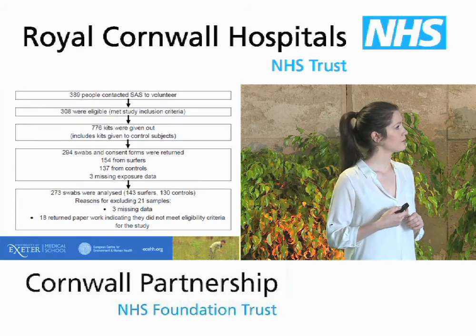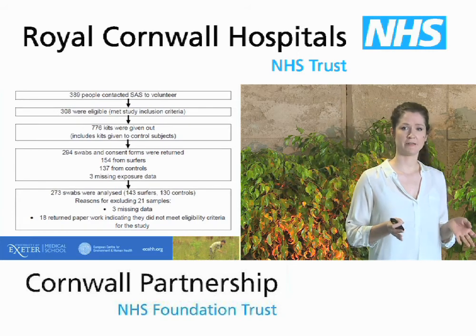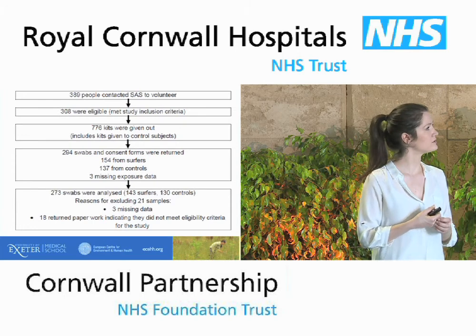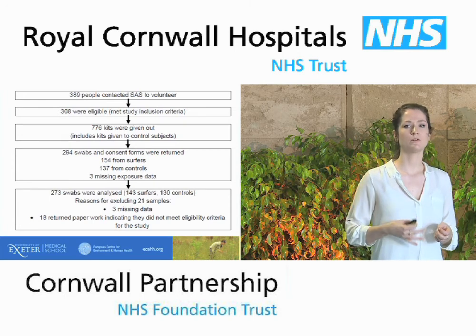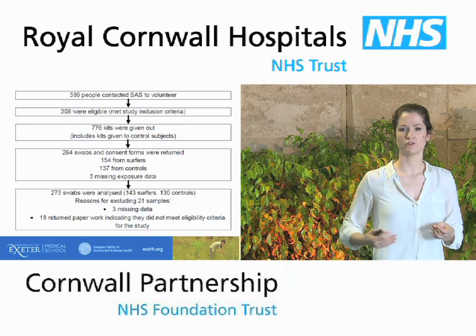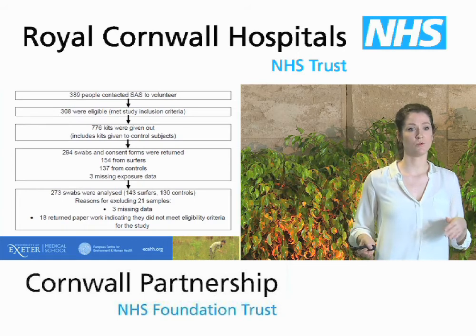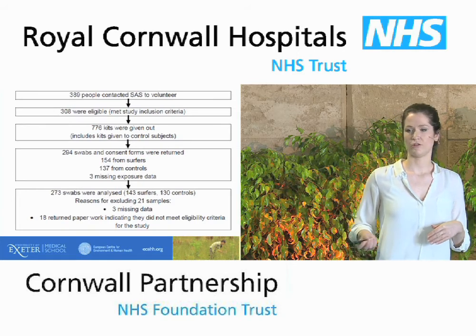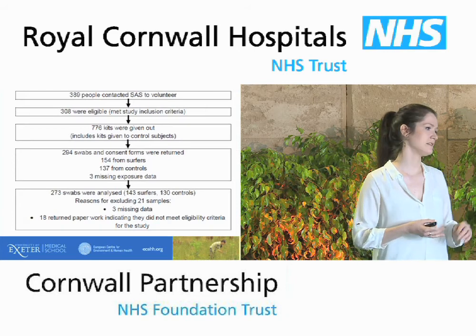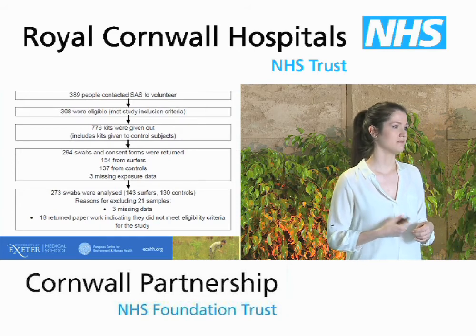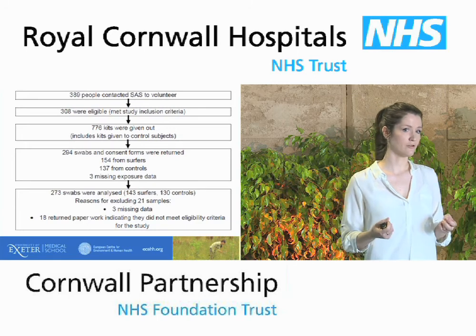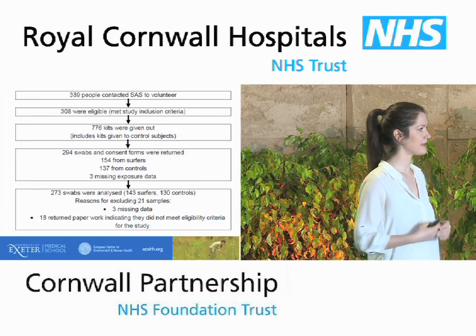So 308 people were deemed eligible, and so about double that was sent out because we wanted surfers to recruit their own match control, so they could find a friend who wasn't a surfer, who was the same age, same sex, lived in the same area, to do the collection for us and then send everything back together.